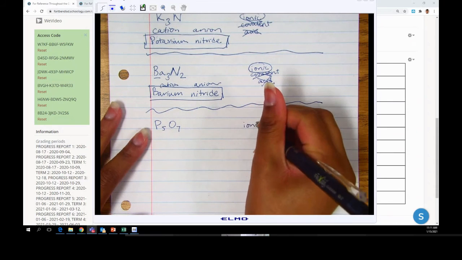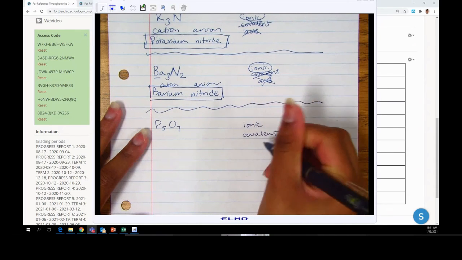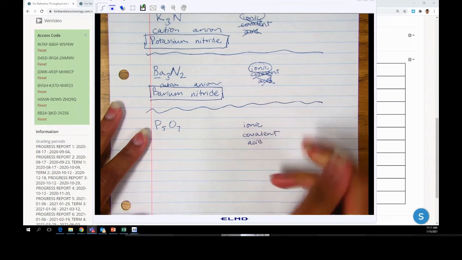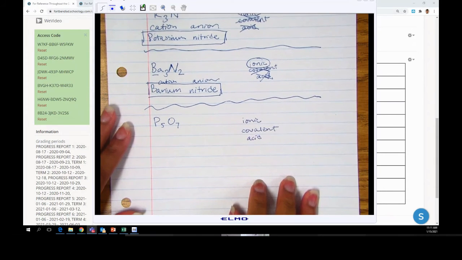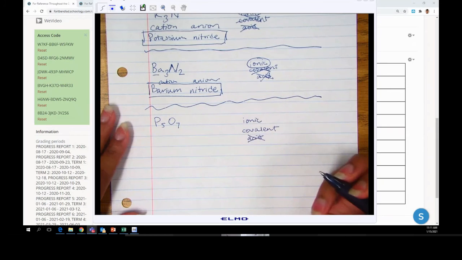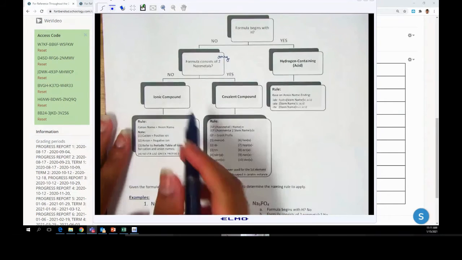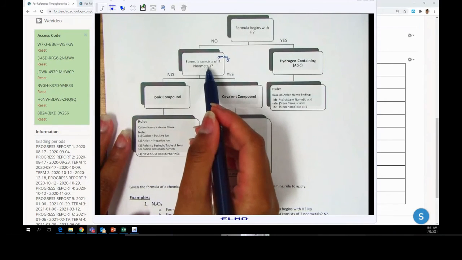First question we've got to ask ourselves, are we looking at ionic, covalent, or an acid? Well, it's not an acid. There's no H in the front. When it comes to covalent or ionic, we've got to ask ourselves, does the formula consist of only those two nonmetals?